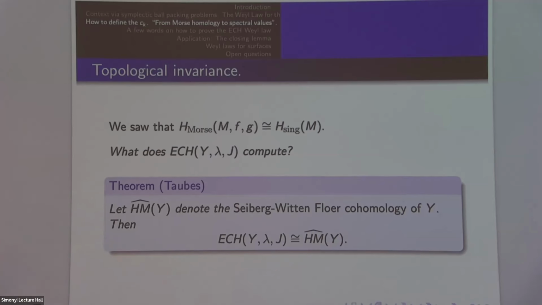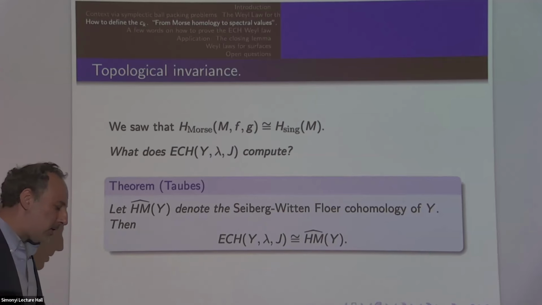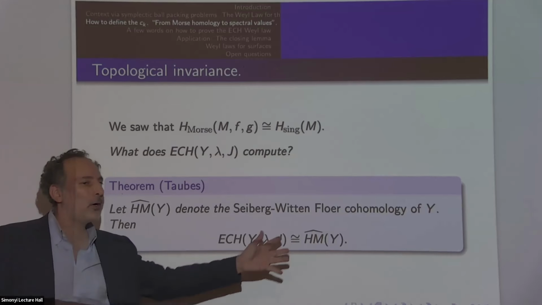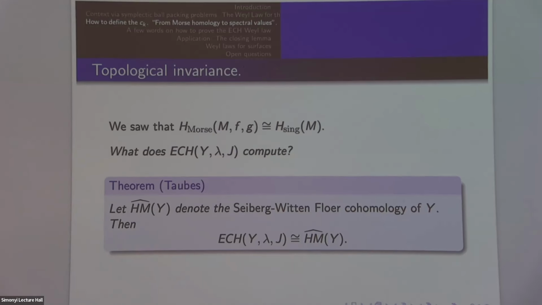For example, I won't put it on the slide, but a big open problem in symplectic geometry is the Weinstein conjecture, which says that there's at least one periodic orbit. The Weinstein conjecture immediately follows from this because the symplectic homology is known to have infinite rank. So this immediately implies the three-dimensional Weinstein conjecture, which is still open in higher dimensions.